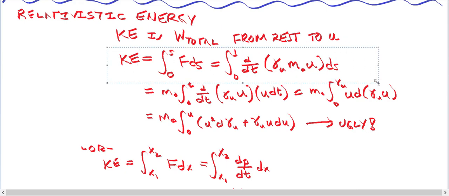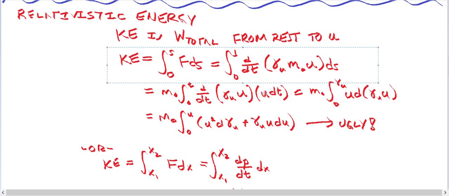So the integral from 0 to s of F ds is equal to, well, we can take Newton's second law, that F is dp/dt. There's p, so dp/dt is just d/dt of gamma u m u, and then times ds, because there's a ds out here, right?